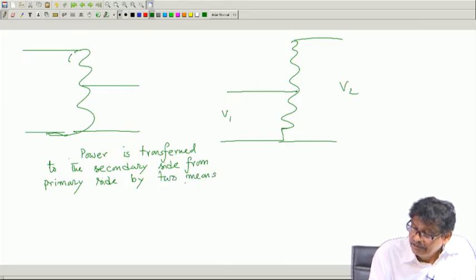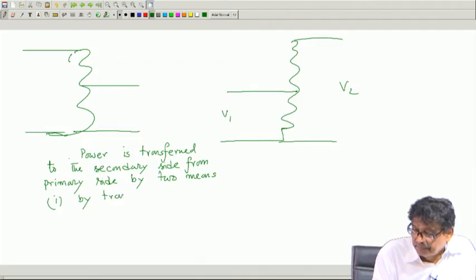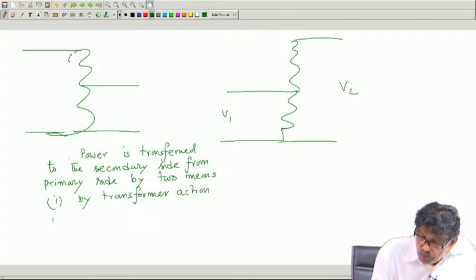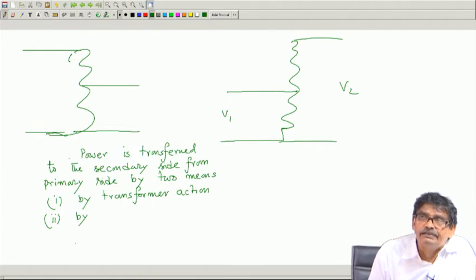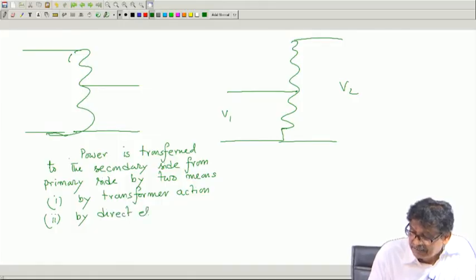What are the 2 means? 1, by transformer action, and 2, by direct electrical connection. That is how we explain this.